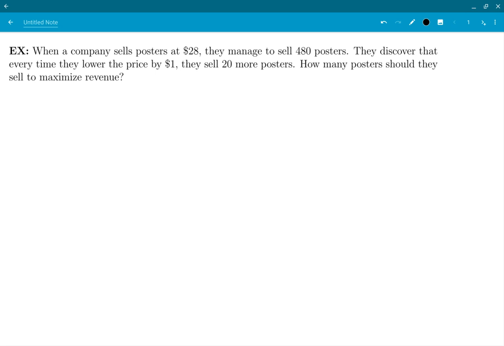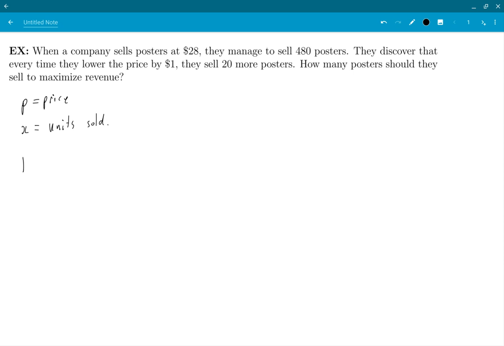Let's go small p. P is price. X equals units sold.